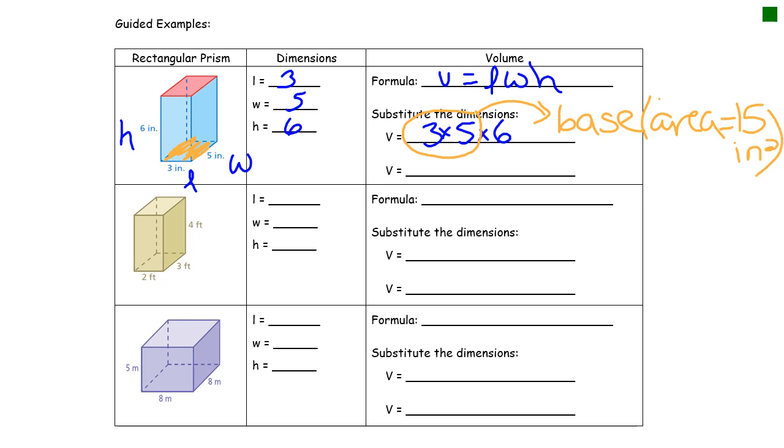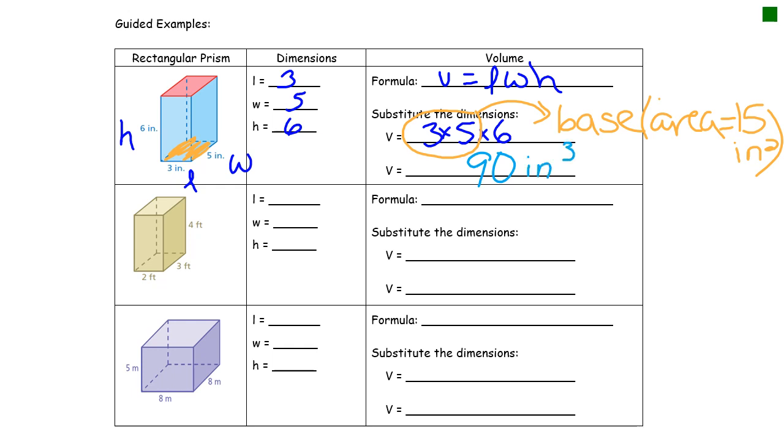But then, again, this is 3-dimensional, and we now want to add that height as that 3rd dimension. So 3 times 5 times 6, you multiply all those together, or you take the 15 that was the base and multiply it by 6. That would give you a volume of 90, and this would be inches cubed.